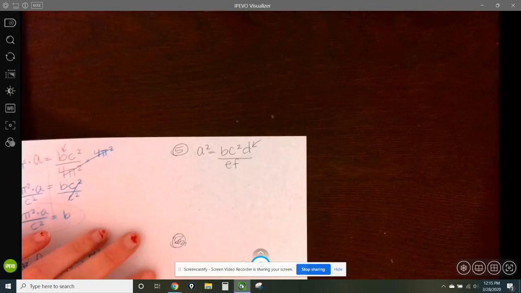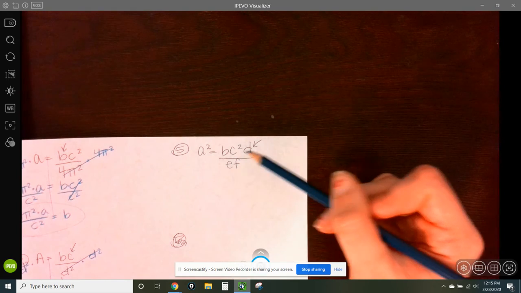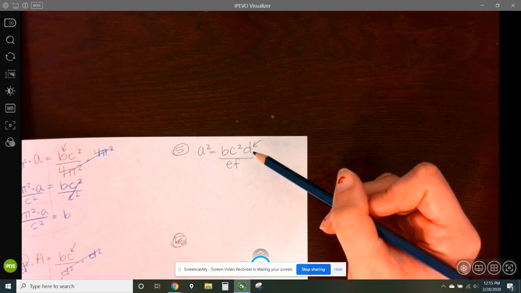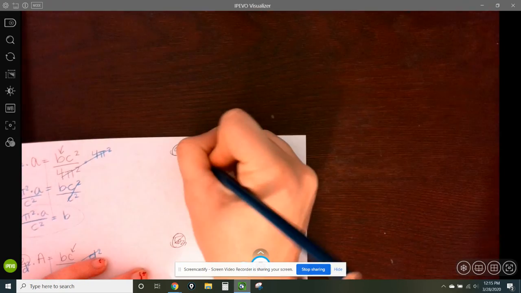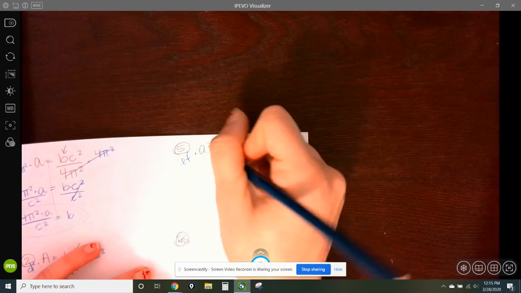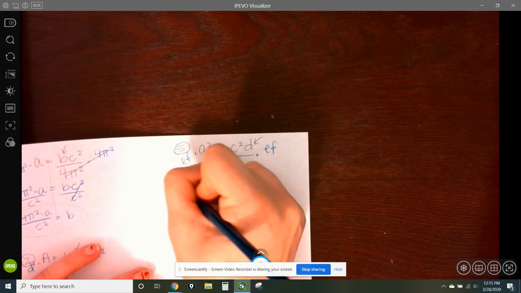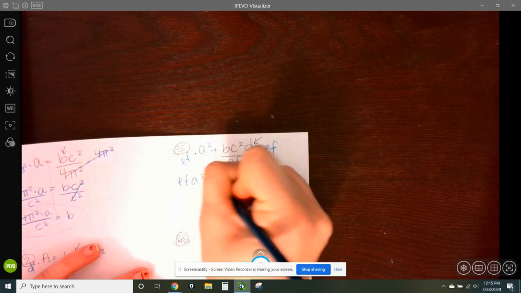One more. So this one, we're solving for something that's in the numerator of the fraction, okay? So we need to eliminate the denominator, so I'm going to multiply by EF. So on the left, I have this EF times A squared.